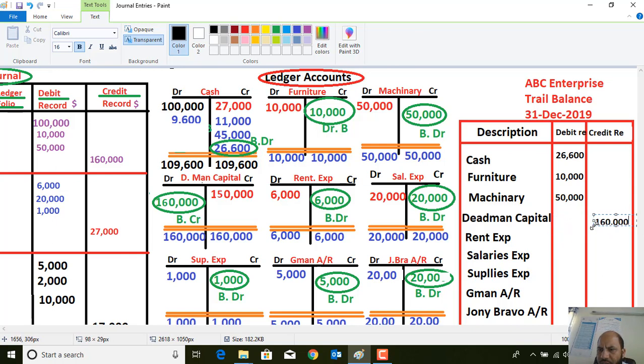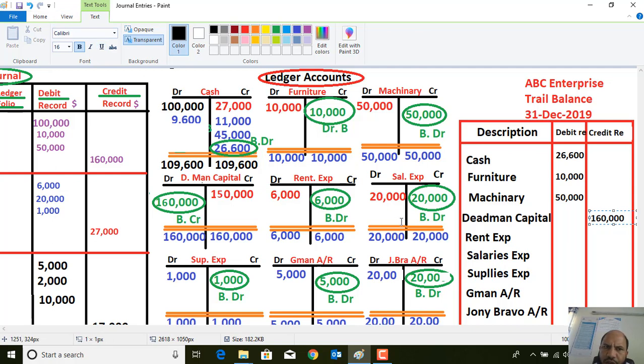It is not a debit balance. So we will record this at the credit side of the trial balance, because we have mentioned already that it is a credit balance. So we will record over here the balance of credit.